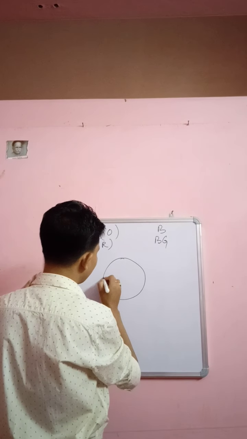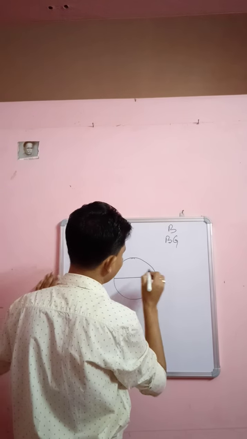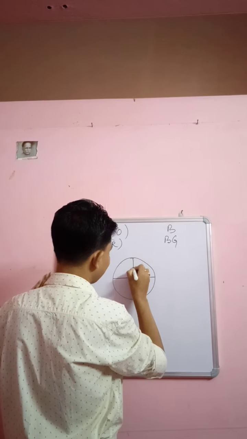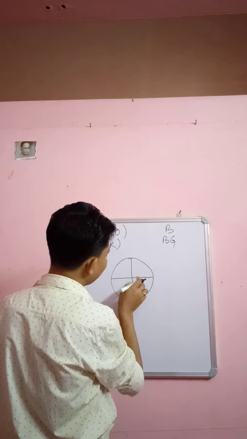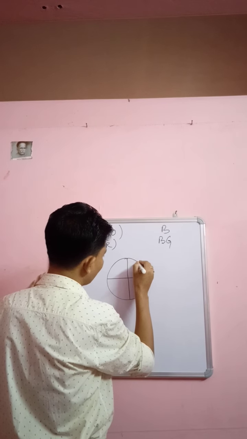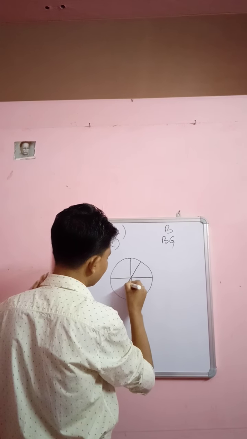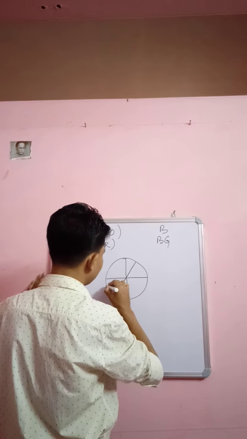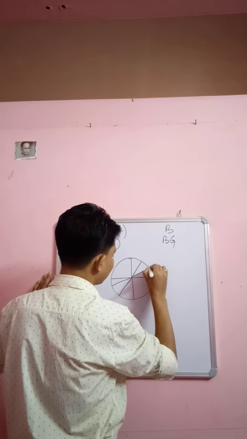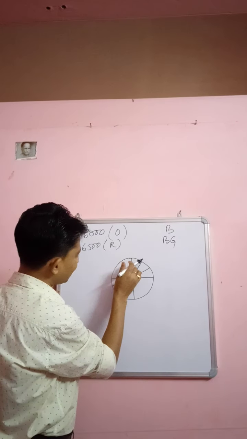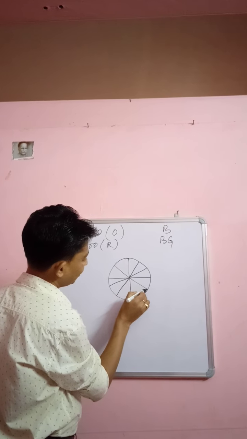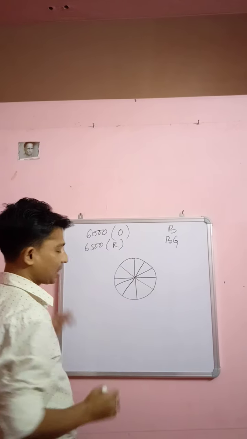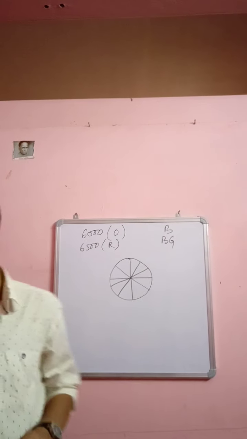After drawing the circle, you draw one line in the middle of the circle, another line in the middle of this circle, and in between two lines you draw two lines in the circle, and one line between these two lines. Then you start going on writing.